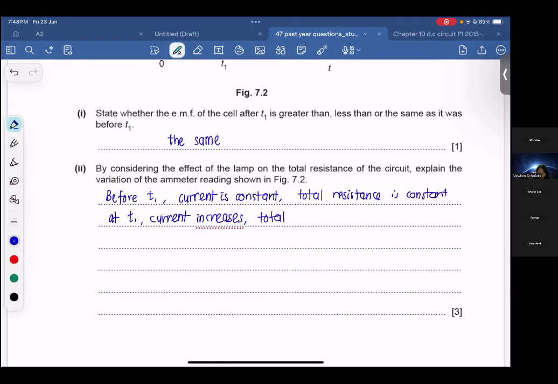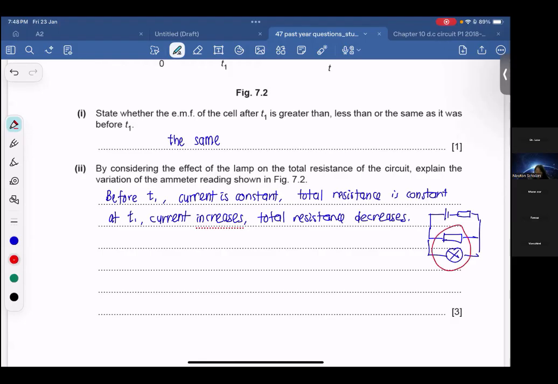Total resistance decreases because, let me draw out the circuit. When we close the switch, here, like this, I need to include the lamp part. Then here, I have internal resistance, so I have the battery here. So boys and girls, can you see that?